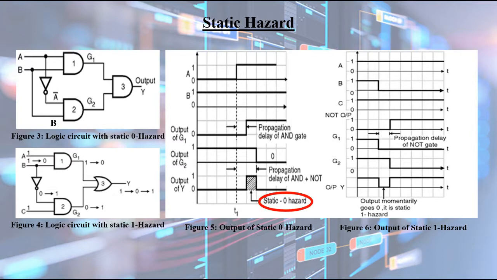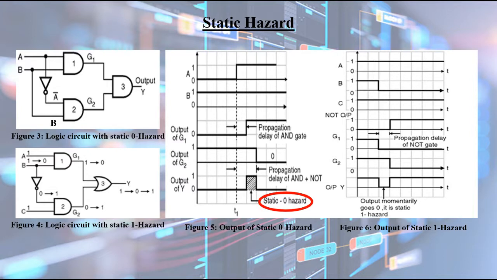So the initial gate outputs are G1 equal to 1 and G2 equal to 0, with final output Y equal to 1. When the input B changes from 1 to 0, G1 will become 0 and G2 will become 1. The final output Y supposedly remains the same.